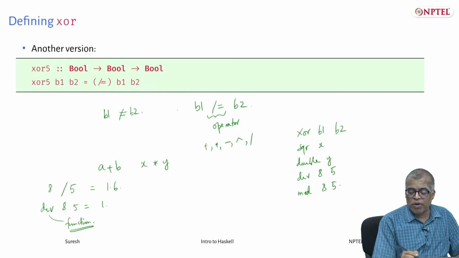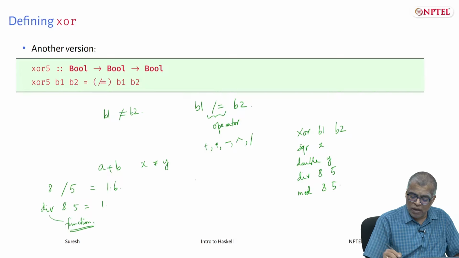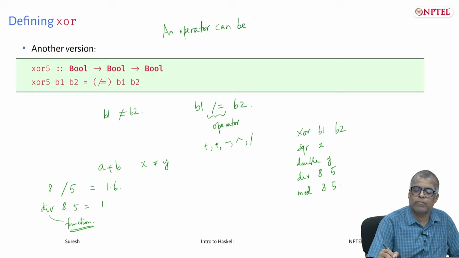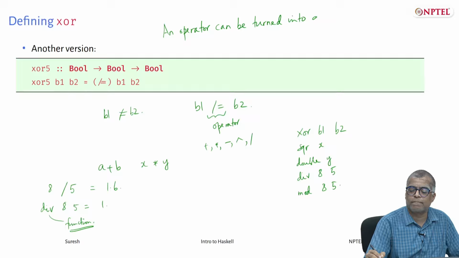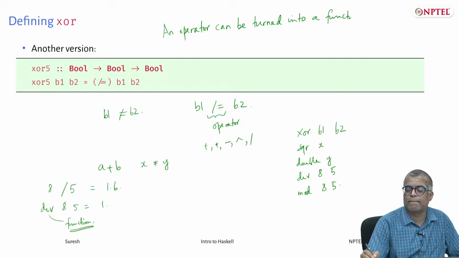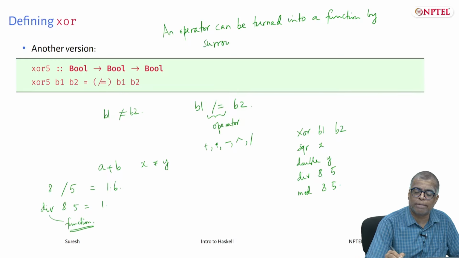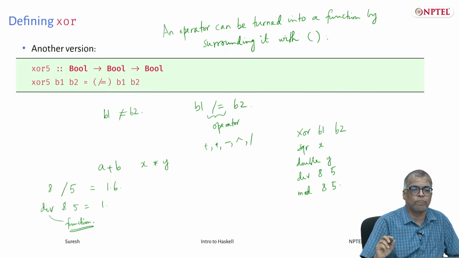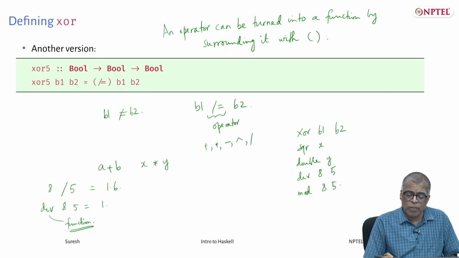And this introduces a new feature, which is that an operator can be turned into a function by surrounding it with parentheses. This is an important feature.